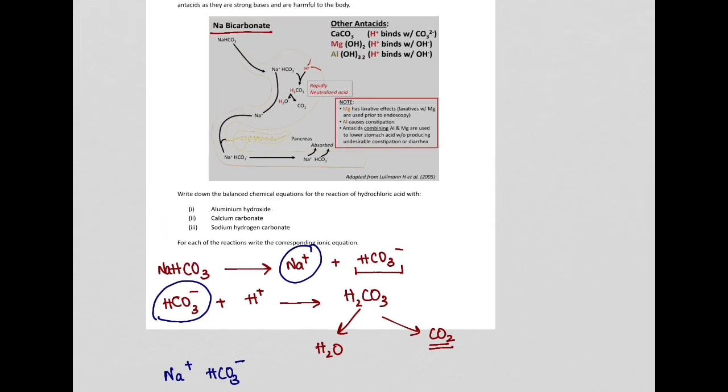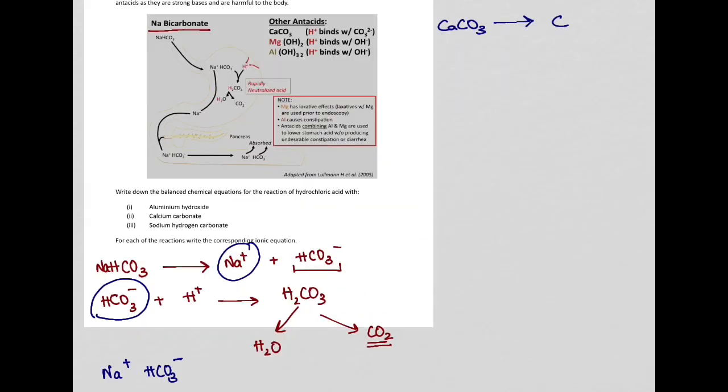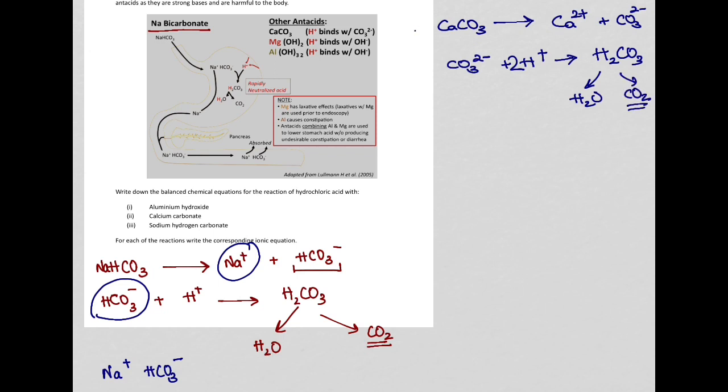So if we have, for example, calcium carbonate, this is going to form Ca2 plus and CO3 2 minus. Now the CO3 2 minus is going to react with 2H plus and form carbonic acid again, which is also going to give you water and carbon dioxide, resulting in the belching.